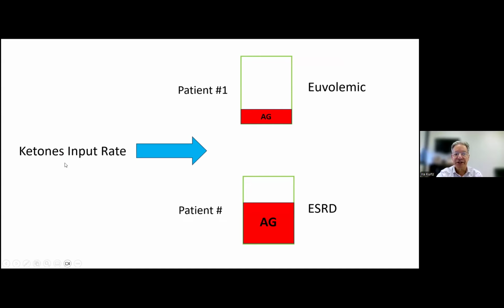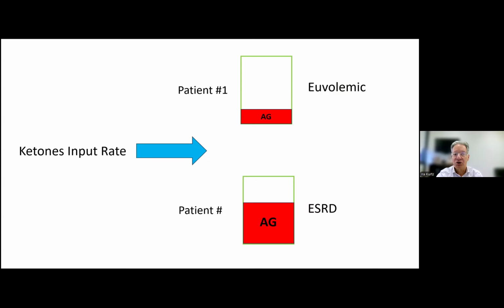For a given fixed input rate of ketones, patient 1 has a normal anion gap and is euvolemic, whereas patient 2, let's say the extreme ESRD, no GFR, has a very elevated anion gap. Both have the same magnitude of ketoacidosis. The anion gap, though, is extremely different. So remember that for the rest of your careers, that the anion gap in anion gap metabolic acidoses varies with what the kidney's doing also.